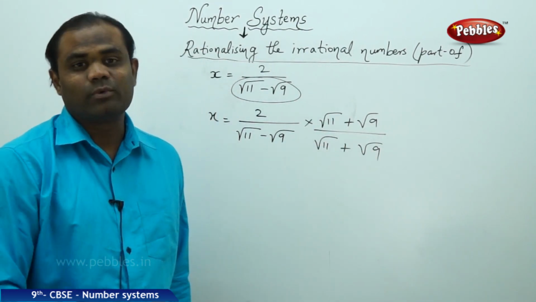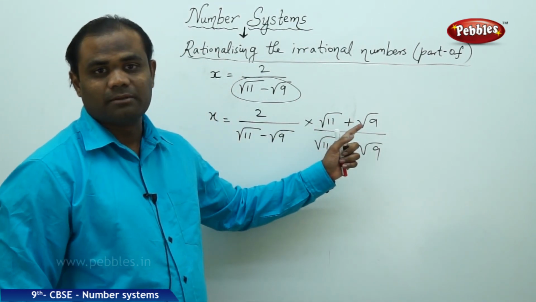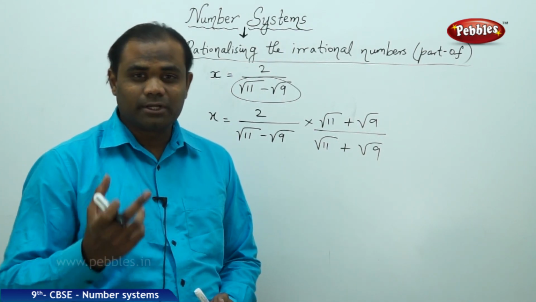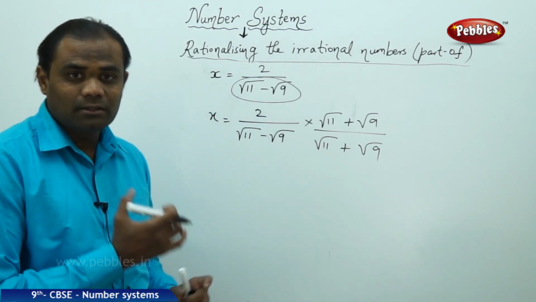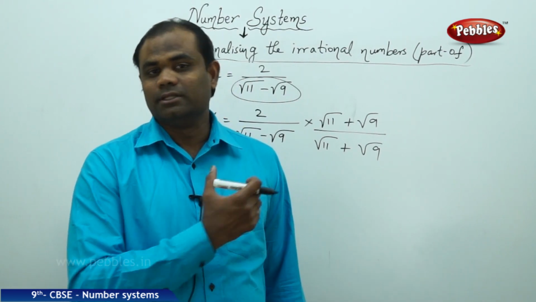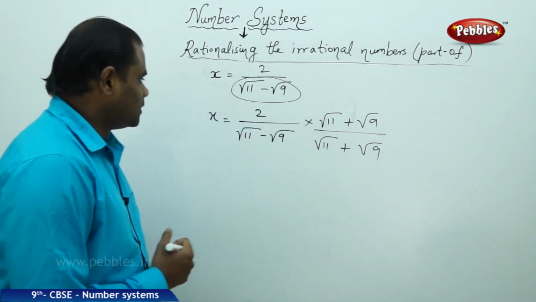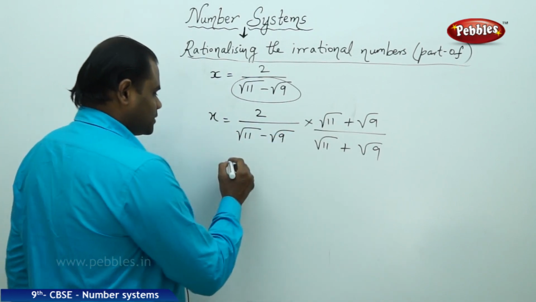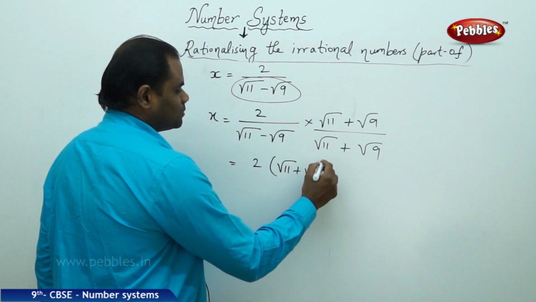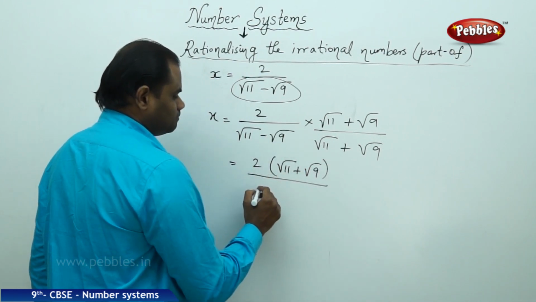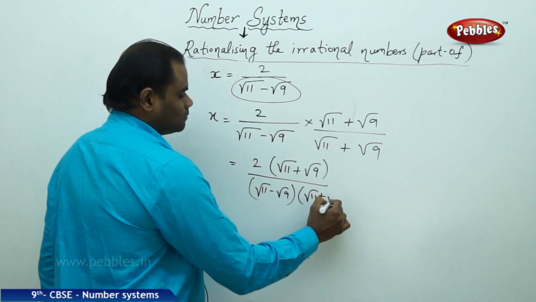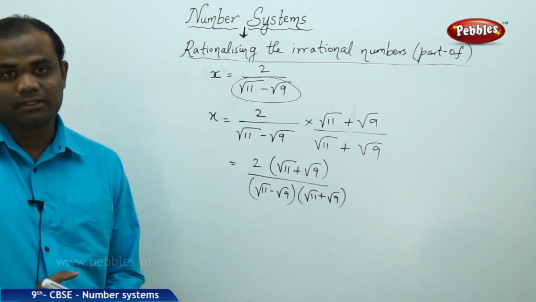If I have plus in the given question, I put the opposite sign minus in the numerator and denominator. This is how we understand the general rule which applies for any problem where the denominator or numerator is rationalized in this format. So I multiply and divide with this, which gives me 2 times root 11 plus root 9 by root 11 minus root 9 times root 11 plus root 9, is how we get it.